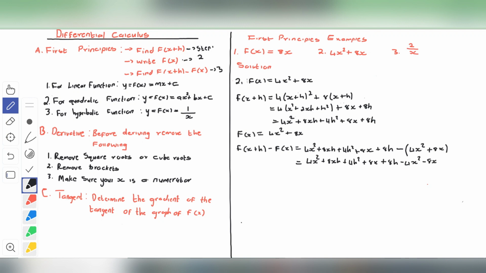You see, if you didn't put the brackets here, guys, it might affect your values, because you might have said plus 8x here. You see, whereby it's going to affect everything. Then now we can add the like terms. We can see that 4x squared is going to cancel with what? Negative 4x squared. And also 8x is going to cancel with what? Negative 8x. And then we'll be left with what?